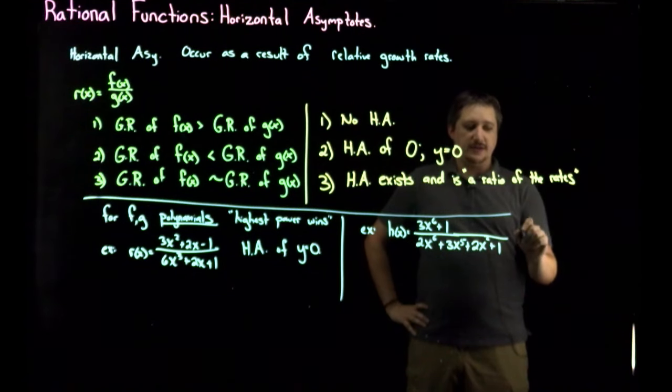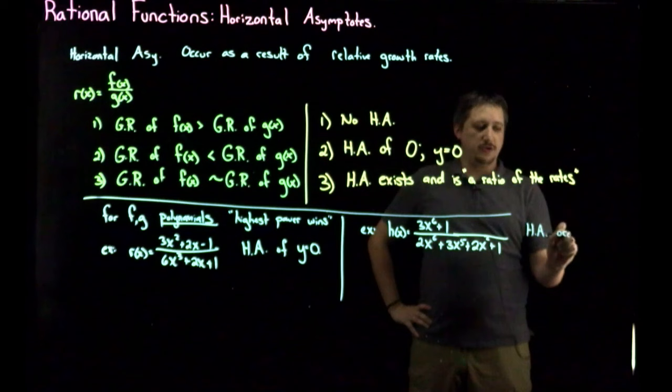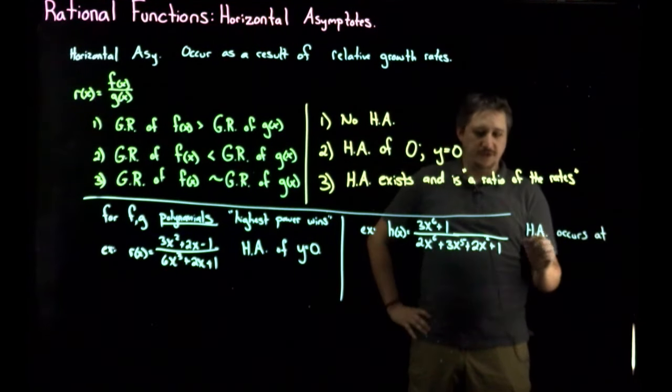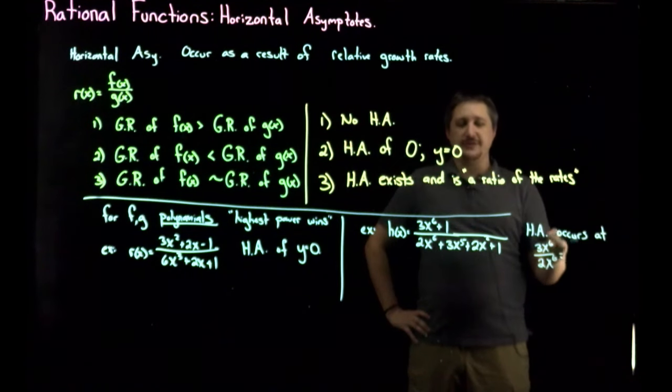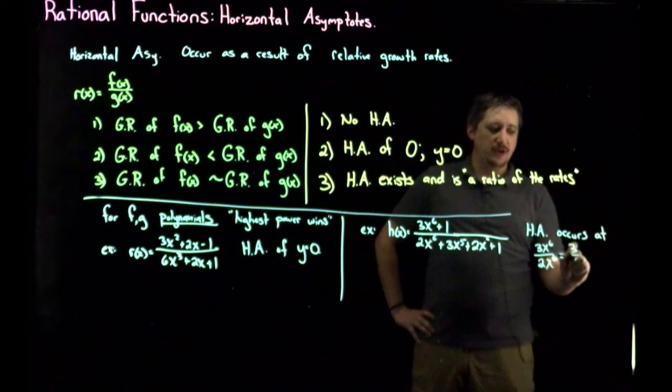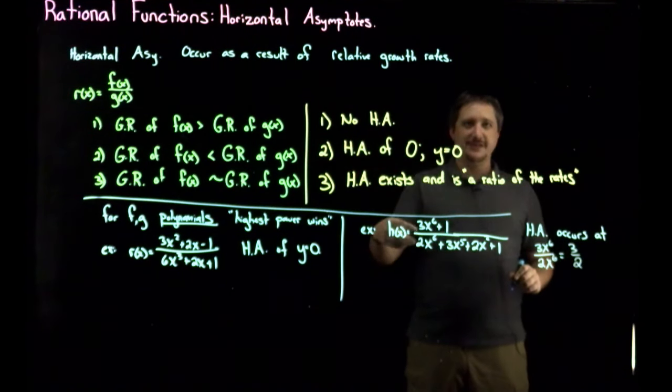So the horizontal asymptote occurs at, and I'm going to write it out the long way, 3x to the 6th over 2x to the 6th. But obviously the whole point was that they're both x to the 6th. They're both going to cancel out. So really what I get is a ratio of the leading coefficients.